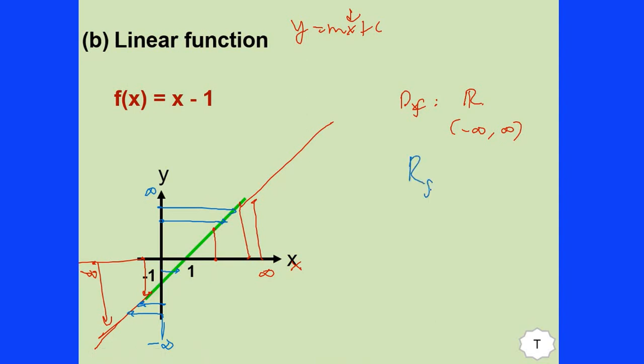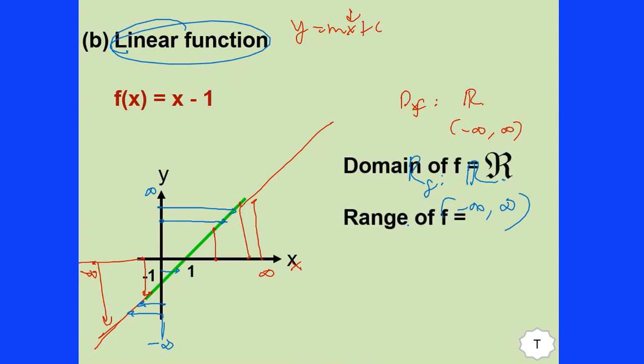So we can say range of f also real numbers from negative infinity to infinity. For straight line, for linear, domain and range real numbers. Okay, kena ingat tu domain range for linear real numbers.